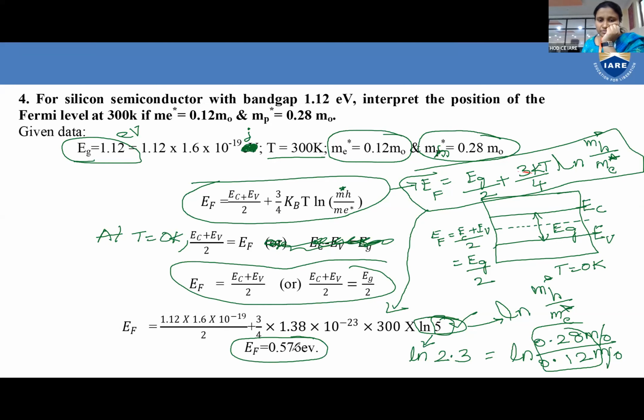This value is given in electron volts. But you people calculate this value and give it in joules. All of you just do it and tell me what is the value of EF in joules. If you have a calculator, do it. When you make use of this formula, you will have your value in joules. But if you divide it by 1.6 into 10 power of minus 19, you will get this value in electron volts. If anyone has done this in joules, please let me know.